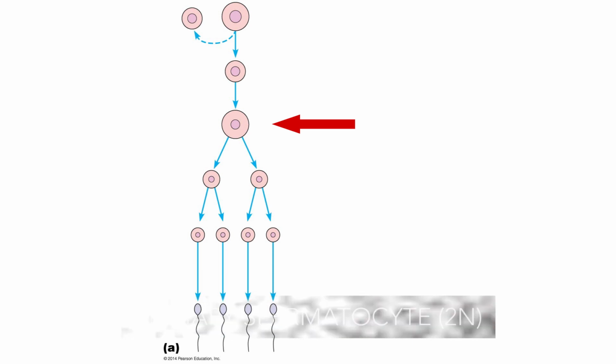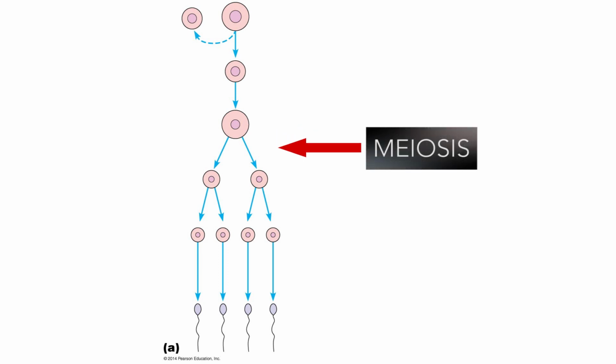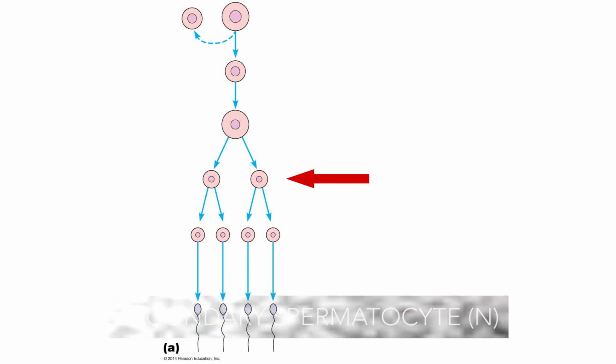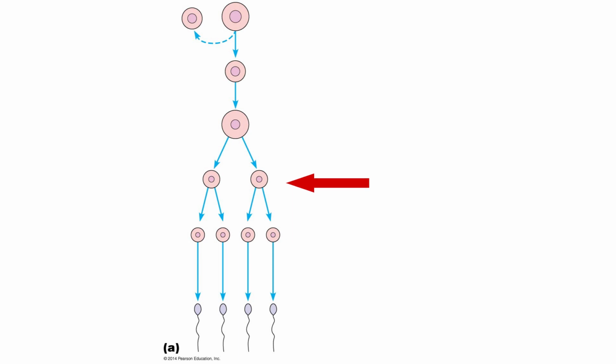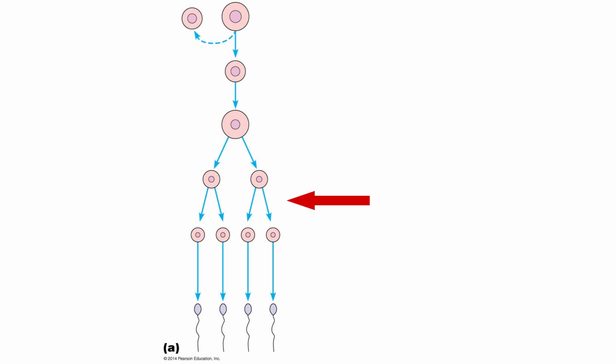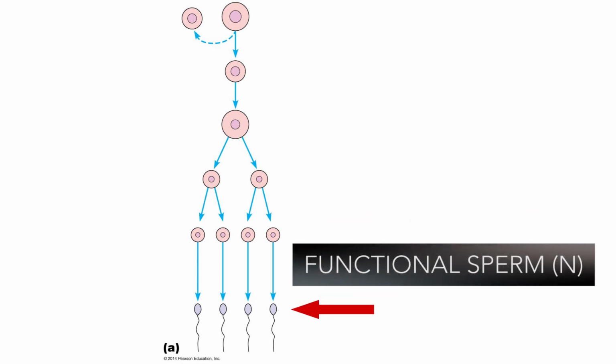And then it divides, and this division is called meiosis. The first division produces a secondary spermatocyte, which has half the number of chromosomes, just 23, a random half. And then in the next division of meiosis, we produce spermatids, which then mature into functional sperm.